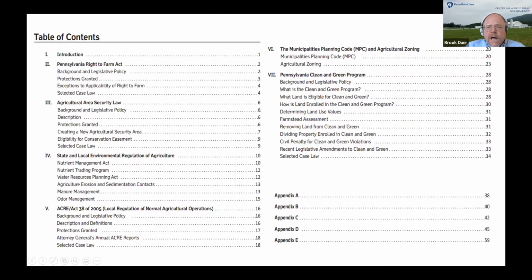So it's an excellent resource. It's almost like the yellow book that we used to all get when you went to a seminar, I should say, a CLE. It's almost like the yellow book for today's session.